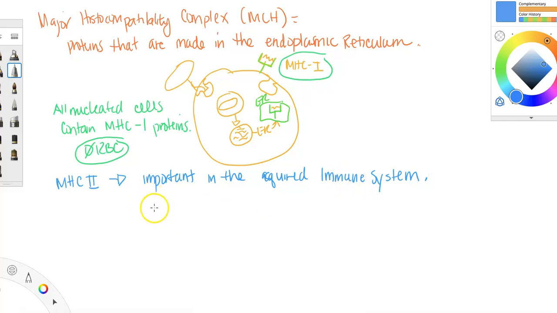So that's why I want to talk about them now before we really get into talking about the adaptive immune system. So there are 3 types of cells that contain MHC2. The first type are B lymphocytes. The second type of cell is a dendritic cell. And the third type is a macrophage.